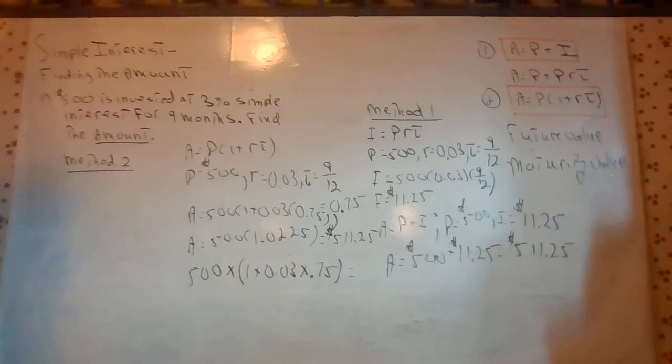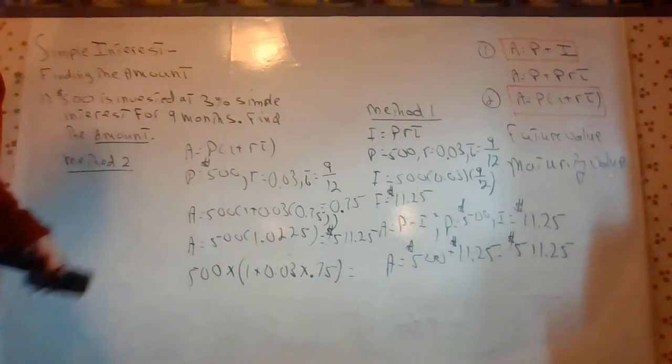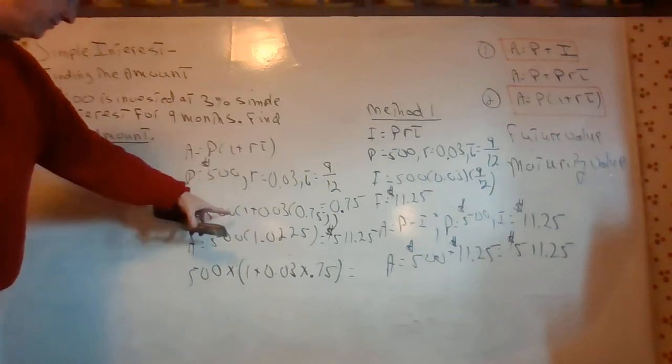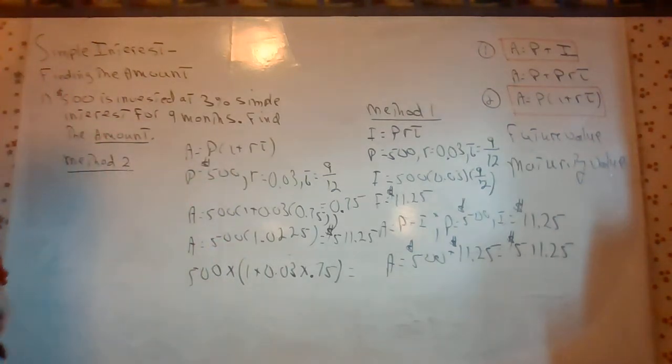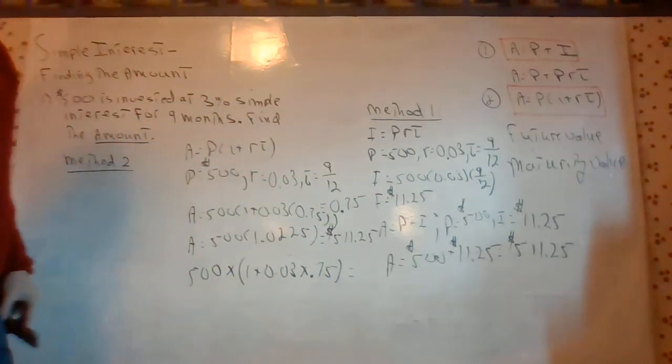Whichever method floats your boat, it doesn't matter. But this is a little quicker. You can see it: state the formula, define the variables, substitute, calculate. Doing two-step formula processes can be complicated.